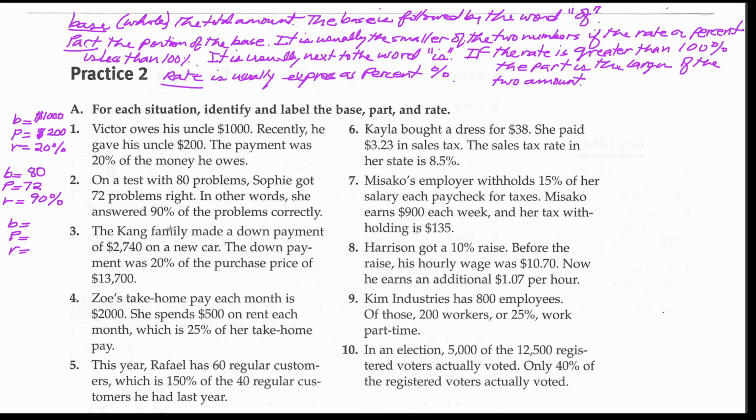That means the base is going to be the larger of the two amounts. So what is the larger amount? It's the $13,700. And the part is going to be the $2,740. The rate is 20%.